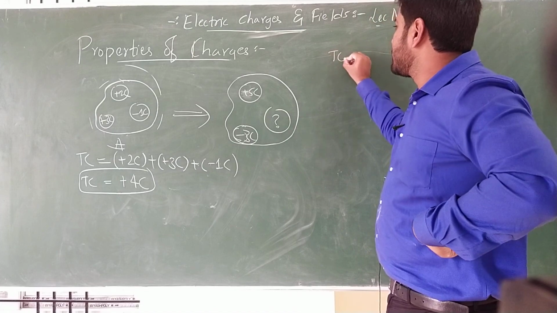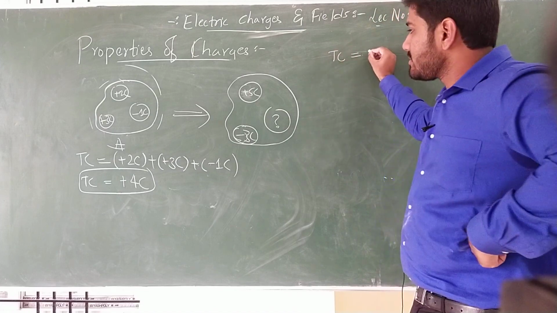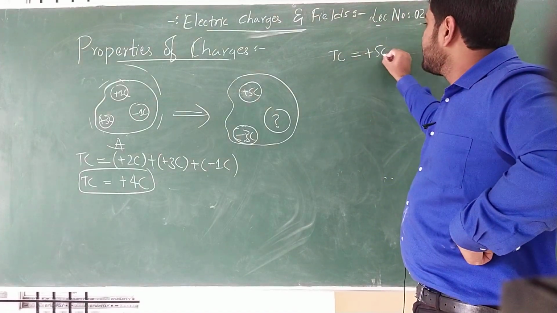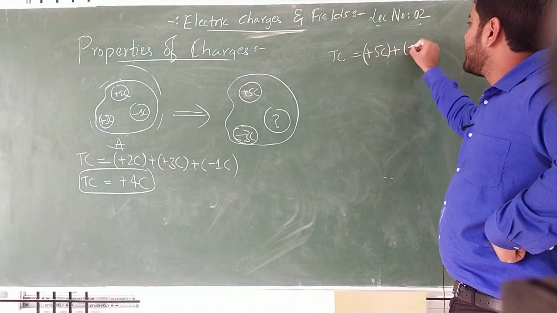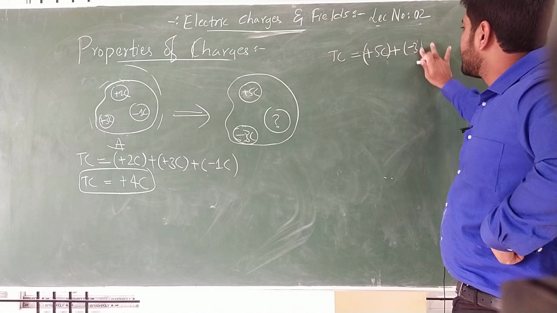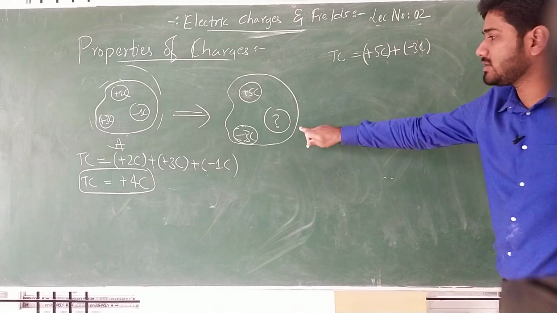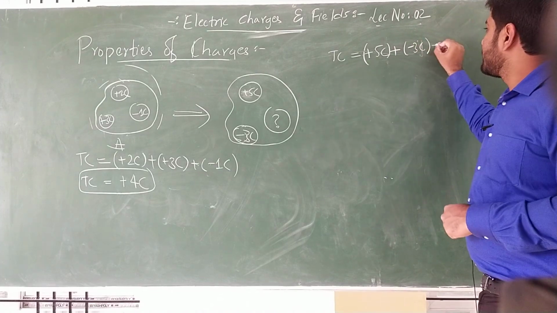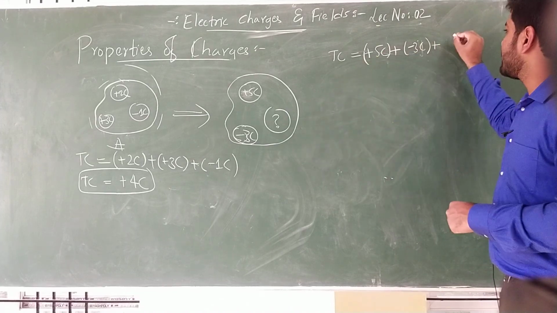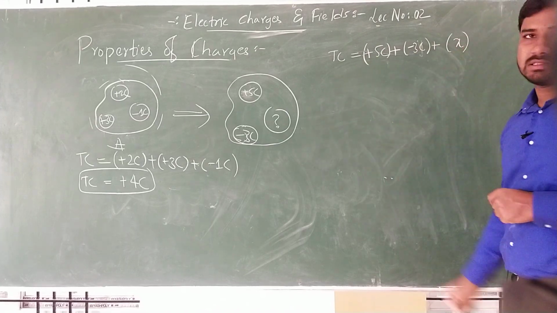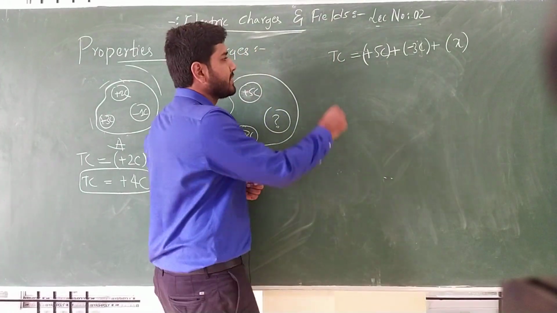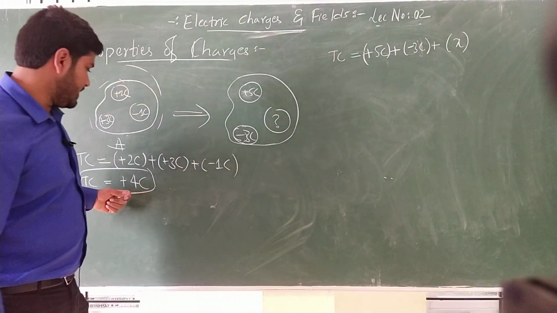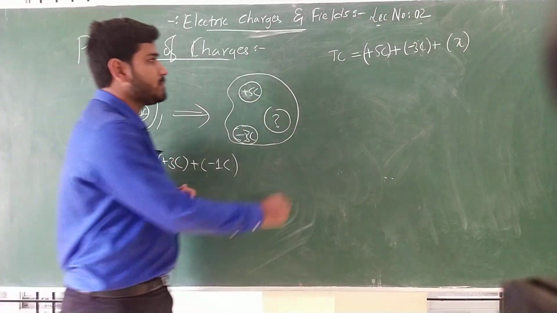So the total charge is plus 5 coulomb plus minus 3 coulomb plus x, which we do not know. The total charge will not change, so it will be plus 4 coulomb.